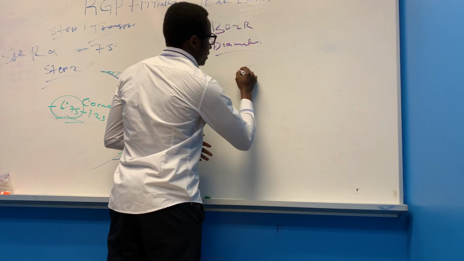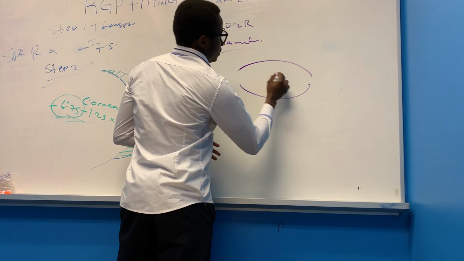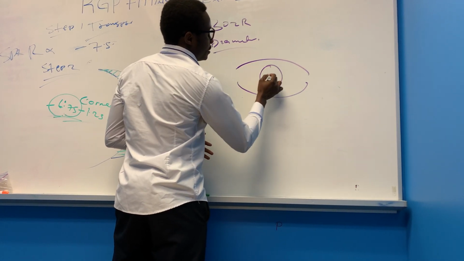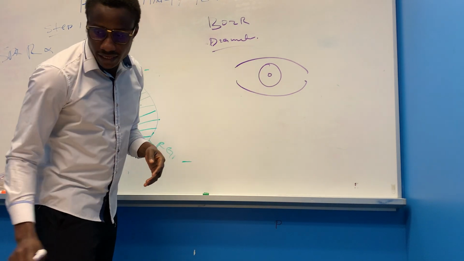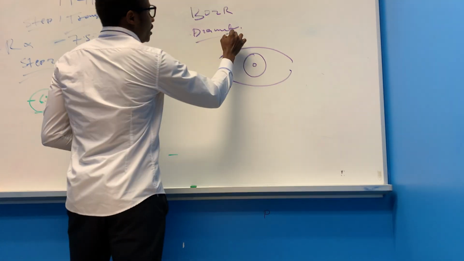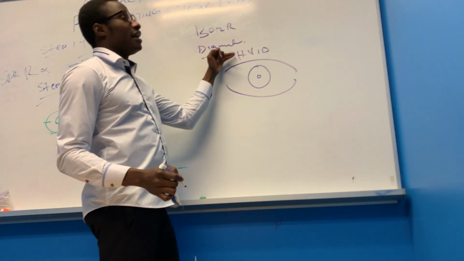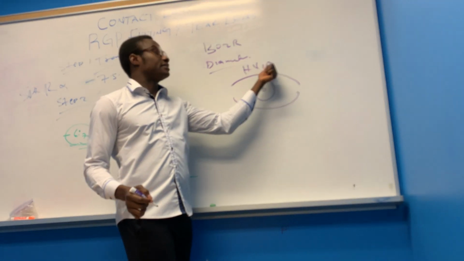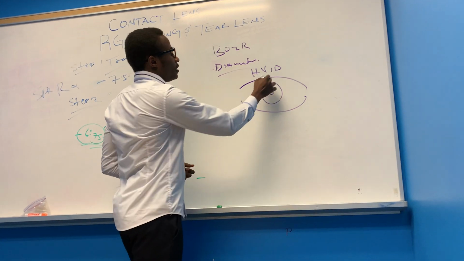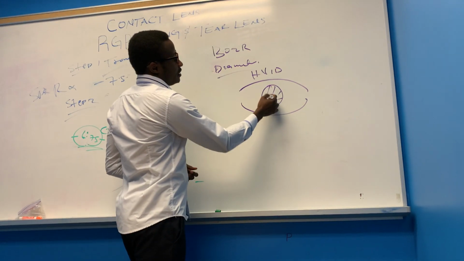This is an eye. This is the cornea. So that's what we call the HVID. The HVID. It is horizontal visible iris diameter.